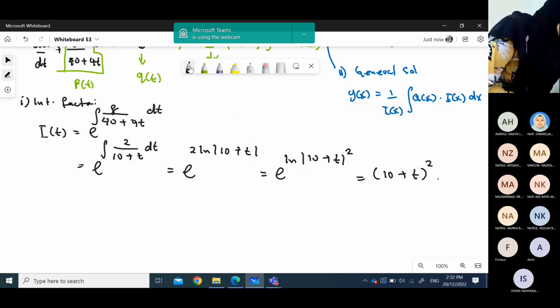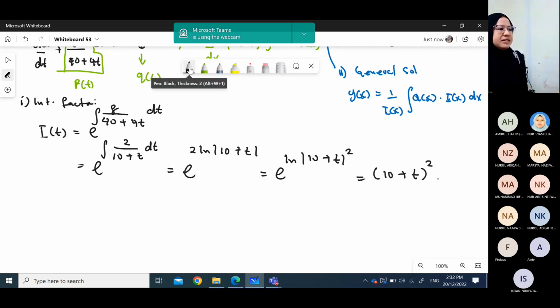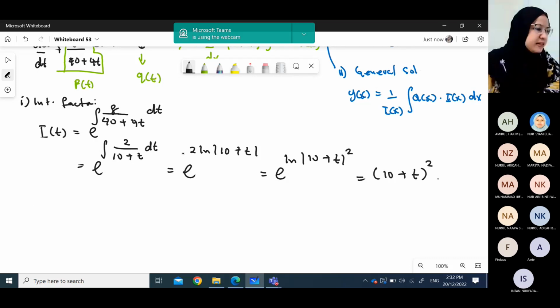Okay, so next, we find the general solution. So general solution for this case is about Q of t.